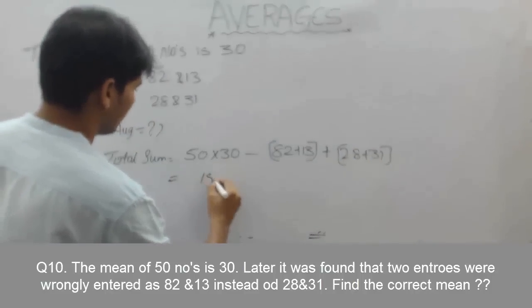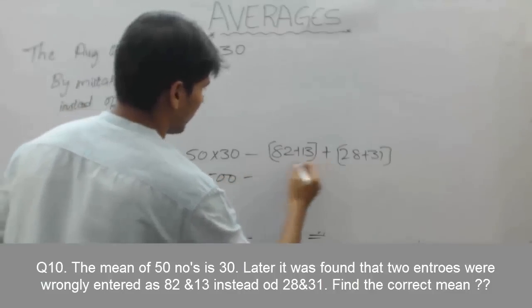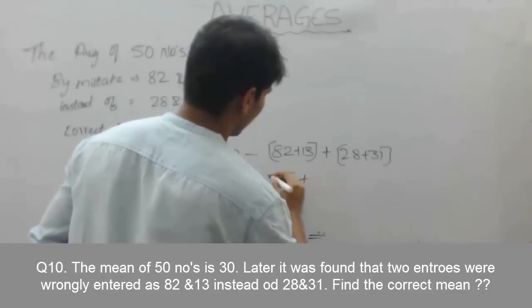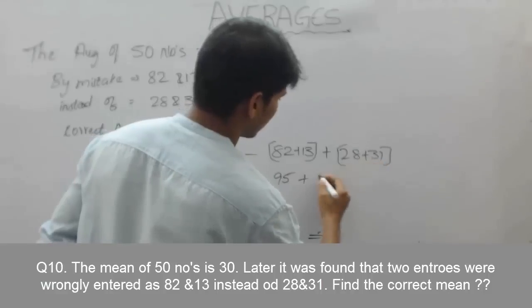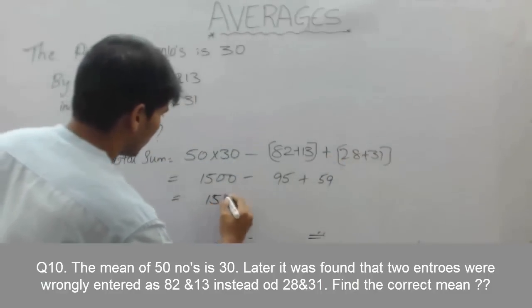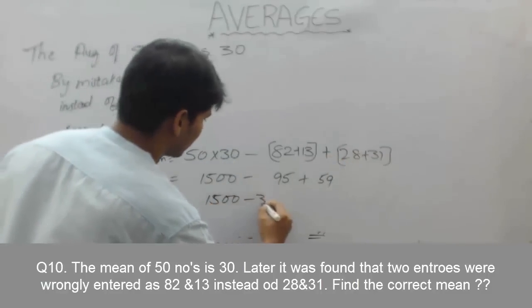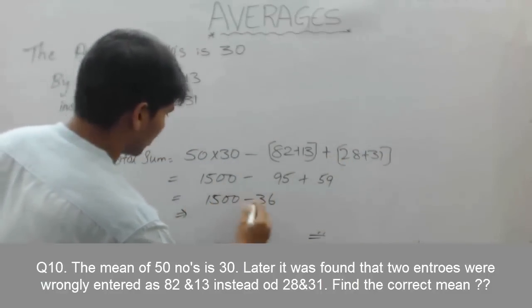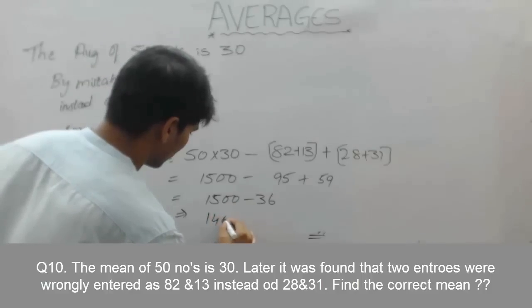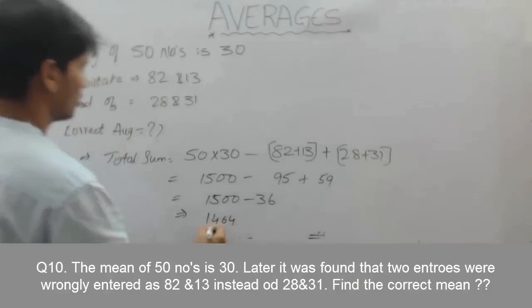So this is 1500 minus 95 and plus 59. That gives you 1500 minus 36. So you are going to get 1464. So this is the sum.